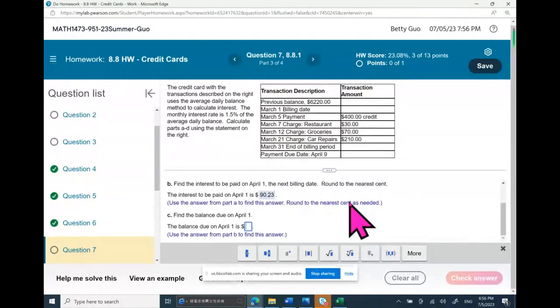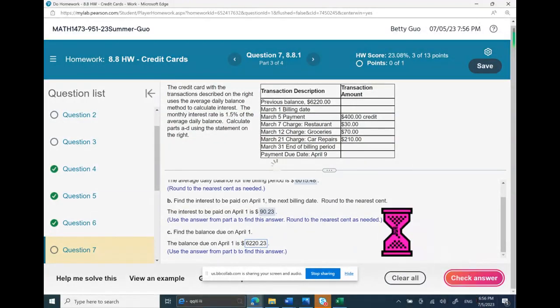You have that balance plus the interest, 90.23. So we should enter that. Am I clear about this? The balance is not just the end of the month balance. You have to pay the interest.